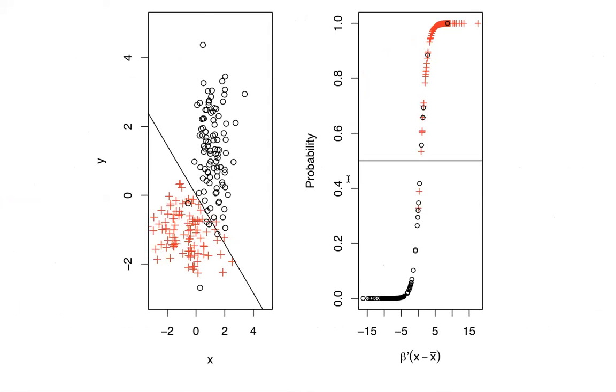You plot the probabilities against the regression line here, and what you get is a sigmoid function, because the function you saw just now, 1 over 1 plus exponential of minus beta transpose x, is what we call a sigmoid function. When you plot it, it looks like an S-shaped function. You can see that the plus and minus symbols are kind of mixed.